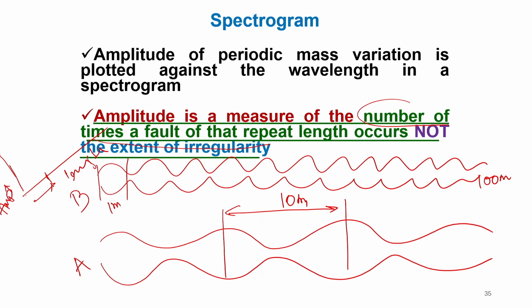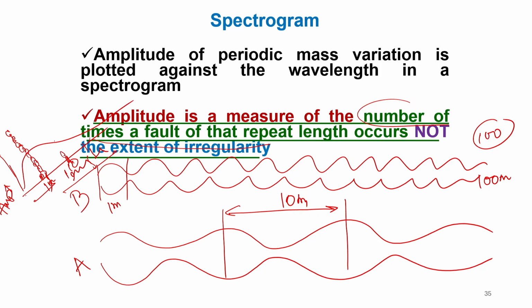The x axis is in logarithmic scale, so 1 meter, 10 meter, like that. For 1 meter, the number of repeats will be 100, so the fault will repeat 100 times. On the y axis there will be 100, as a histogram is drawn.